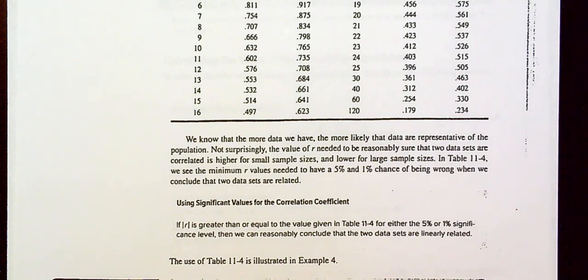So we find this R value, this correlation coefficient. Perhaps we find out that there is indeed a linear relationship between these two quantities, x and y. That's fantastic. But what is the model that we can use to actually relate these two quantities?